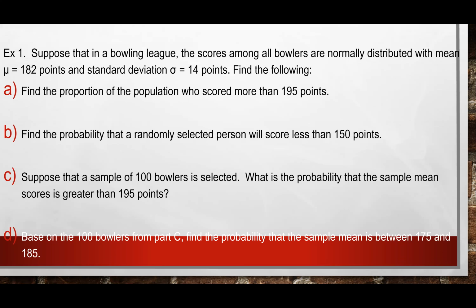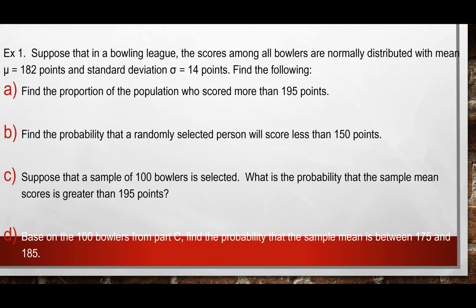Find the probability that a randomly selected person scores less than 150. Suppose that a sample of 100 bowlers is selected. What is the probability of the sample mean score greater than 195? And based on the 100 bowlers from part C, find the probability of the sample mean between 175 and 185.